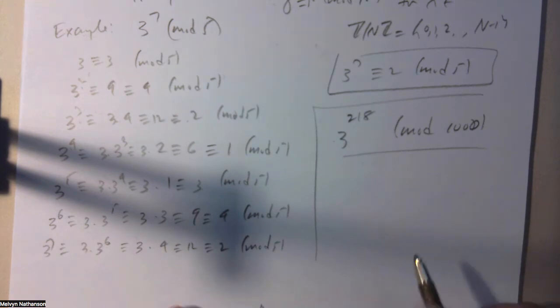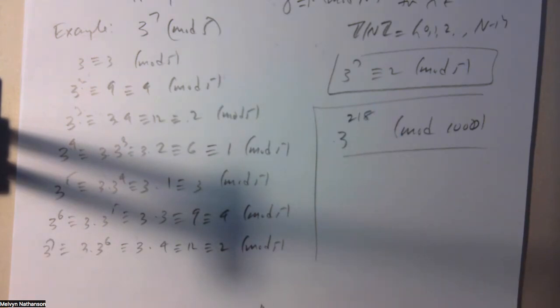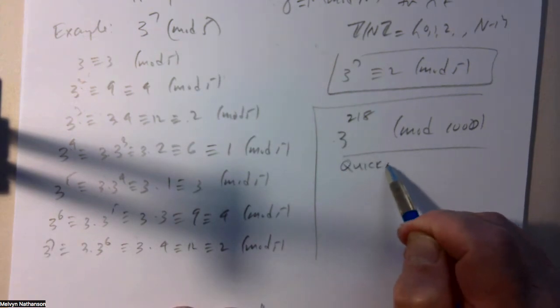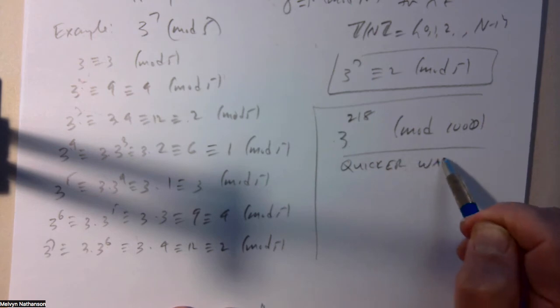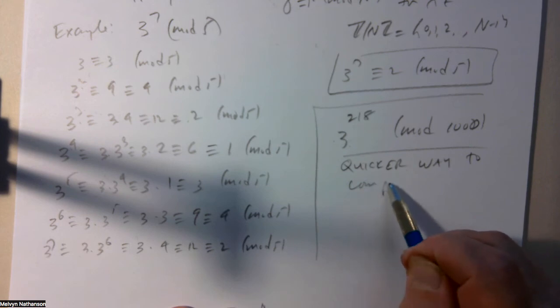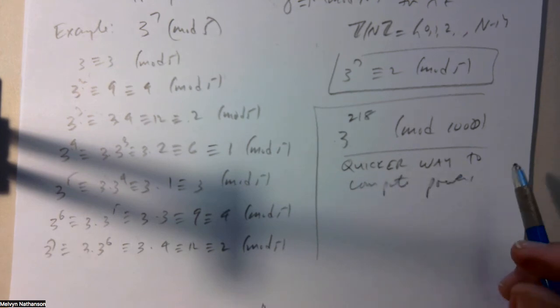And raising a number to a power like 3 to the 218, that's only 217 multiplications, not so bad, but you can imagine if you had a really big number up there, there'd be a lot of multiplications. So we want to find a quicker way. That means a more efficient algorithm to compute powers of a number.